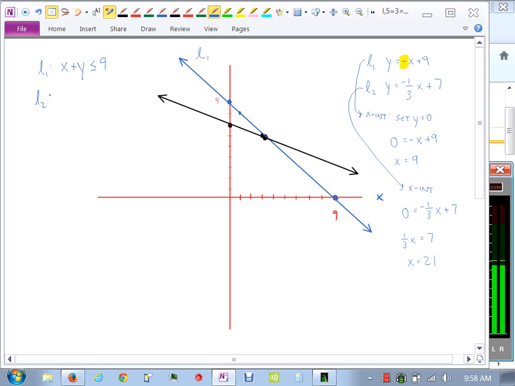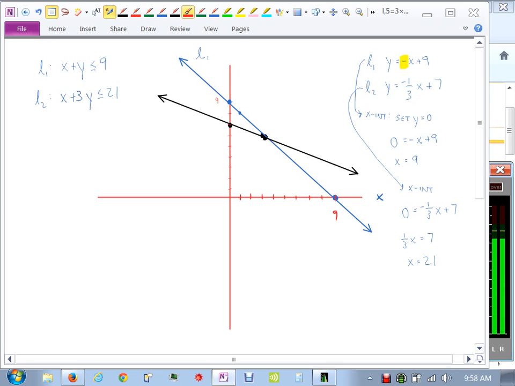The other one came from 1/3 x plus y was less than or equal to 21, right? No, x plus 3y. Sorry. Thank you. All right, so you ready to get a test point?